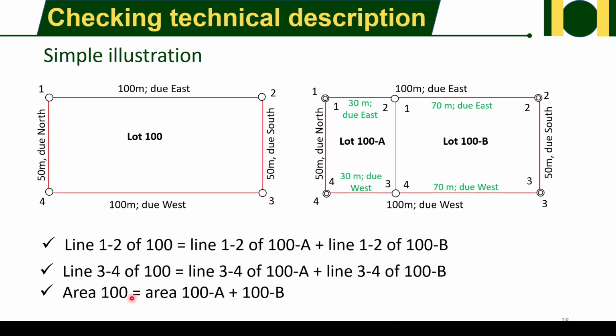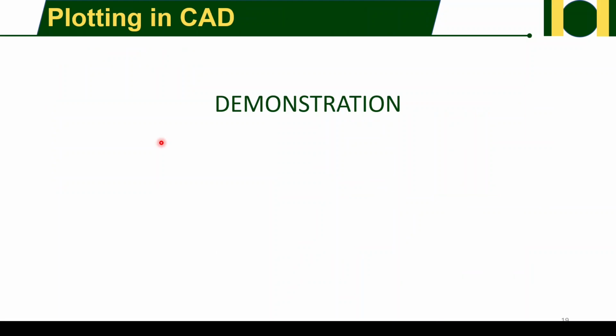And of course, the summation of these two sublots should be equal to the area of this mother lot. That is why you have to be very careful in writing the technical description of the sublots. So we will proceed with the demonstration.